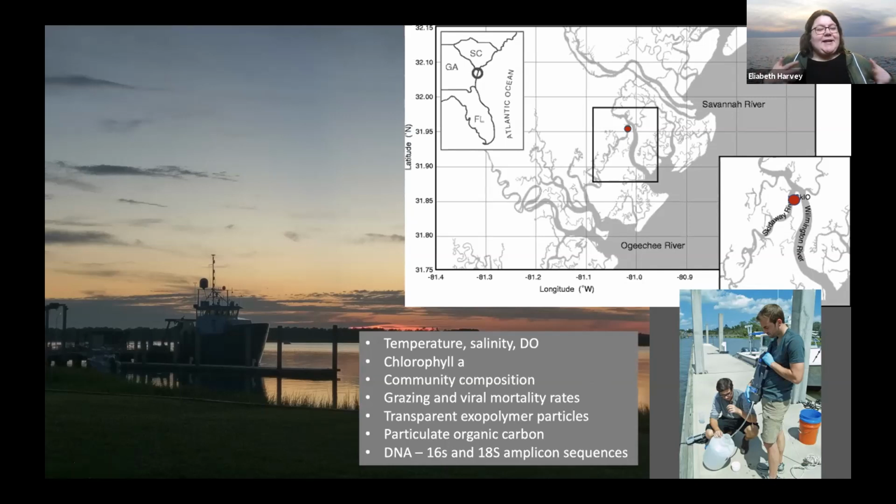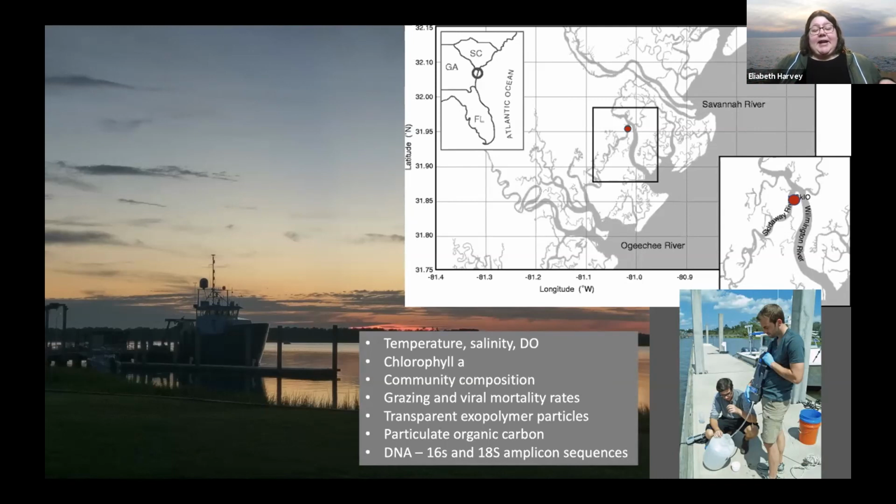So your very basic temperature, salinity, dissolved oxygen, chlorophyll concentration, but we also added, I guess I'll say, some flavor on top of that. So we also looked at community composition. We measured microzooplankton grazing rates, viral mortality rates.